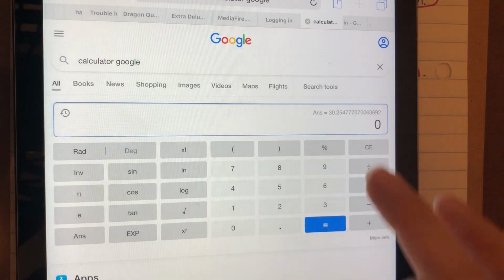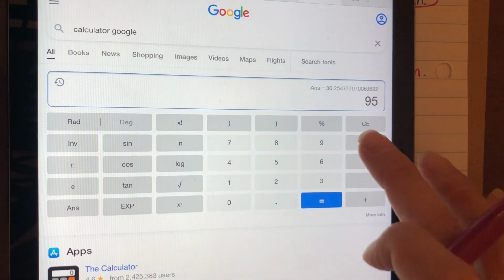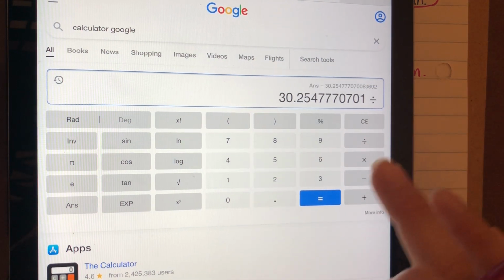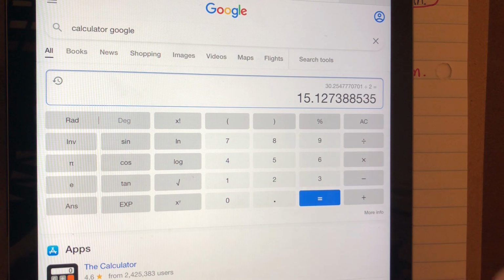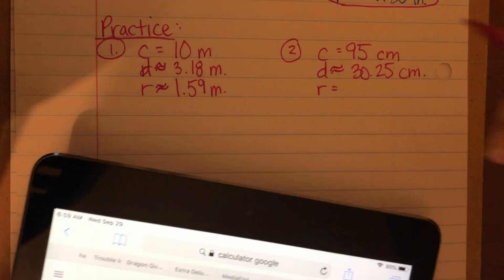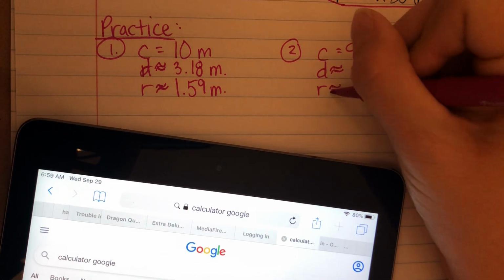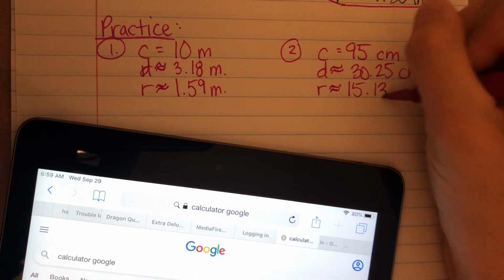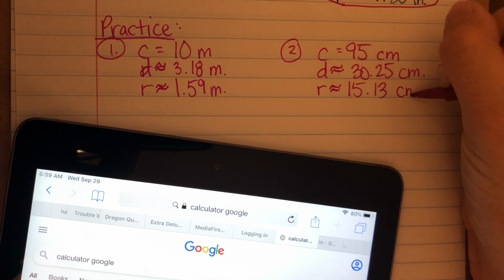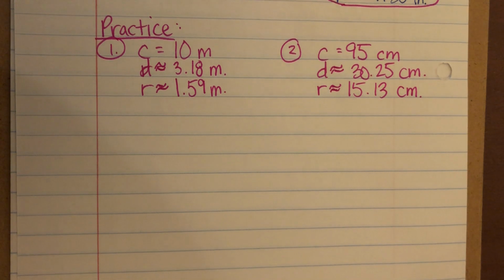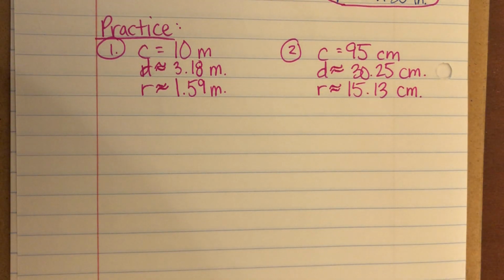And then, because I like to do math, we're going to do the radius with that just by dividing by pi first, and then dividing by 2. So I would say that's 15.13. Approximately 15.13 millimeters, or centimeters, excuse me. All right. Hopefully you are good to go.